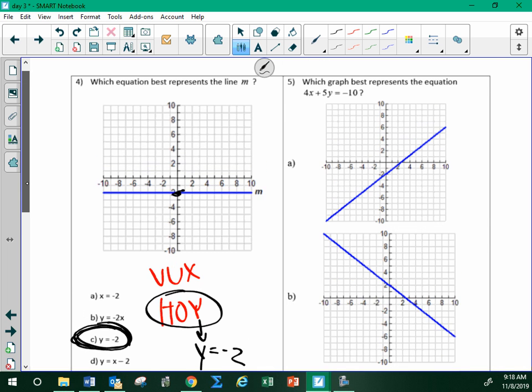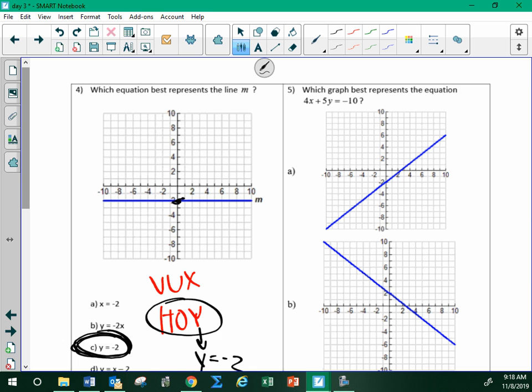All right, let's take a look at number 5. It says, which graph best represents this equation? Again, we need to get it in y equals. If I have positive 4x, what do I do? Minus 4x on both sides. So I have 5y equals negative 4x, and I have a negative 10, so minus 10.